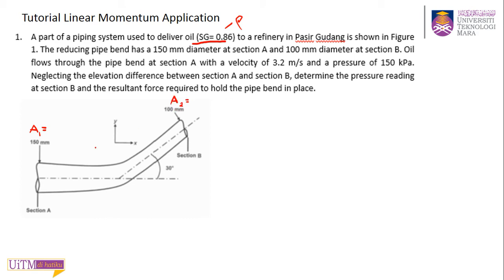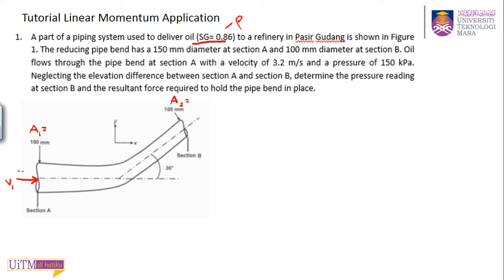Okay, oil flows through the pipe bend at section A with a velocity of 3.2 meter per second. So this is your V1, the V1 that enters, and a pressure of 150 kilopascal.